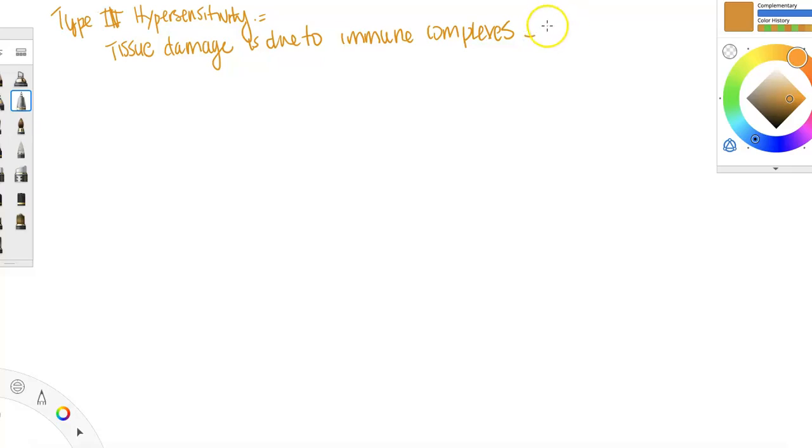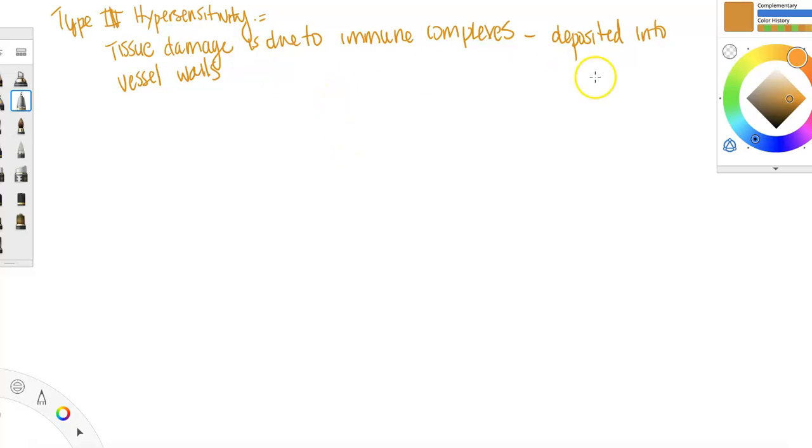So these complexes get deposited into vessel walls, and cause inflammation and all kinds of problems.